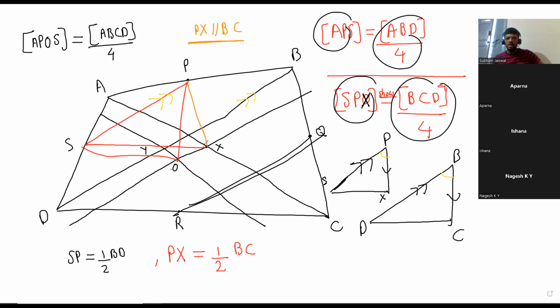So you see this PX, you guys can see this PX is half of BC. Maybe I'll erase a few things. This PX is half of BC. Can you say anything about SO?